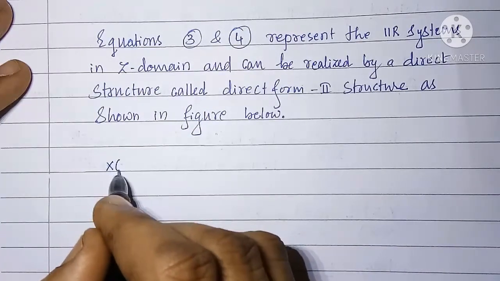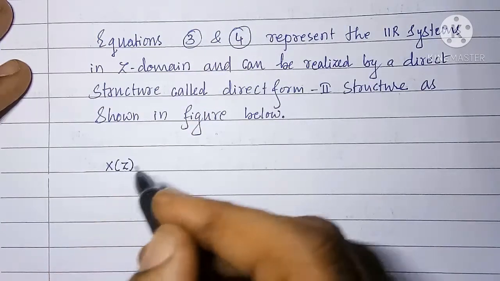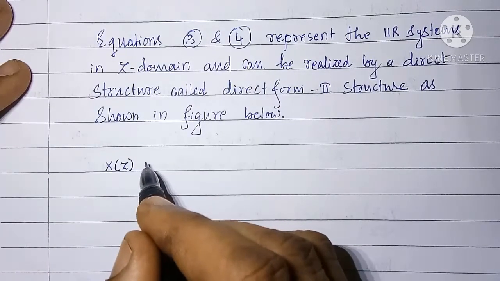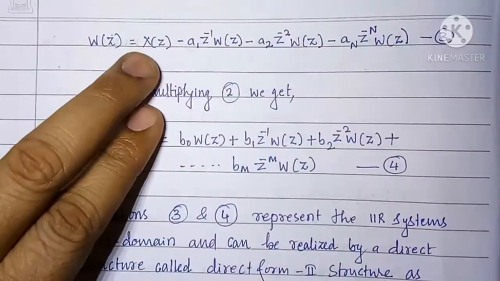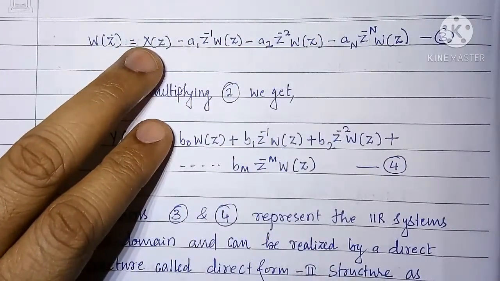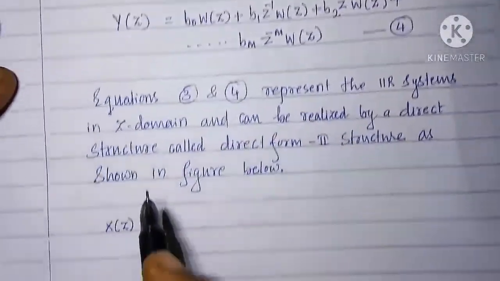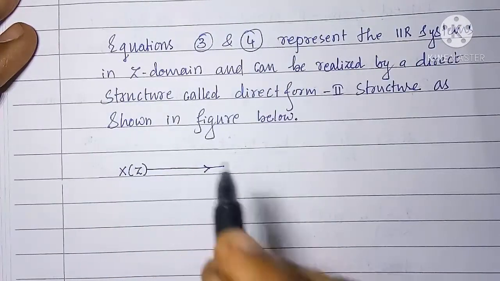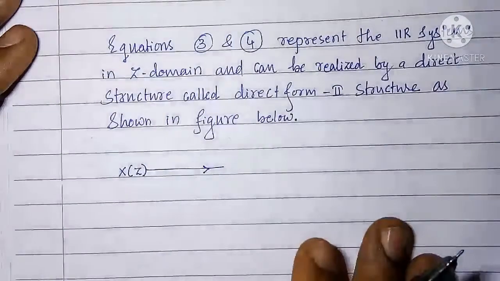Here I will take X of z. Coefficient of X of z here is 1 and there are no delays. So I will take it directly here at this point. Second term we will see now.